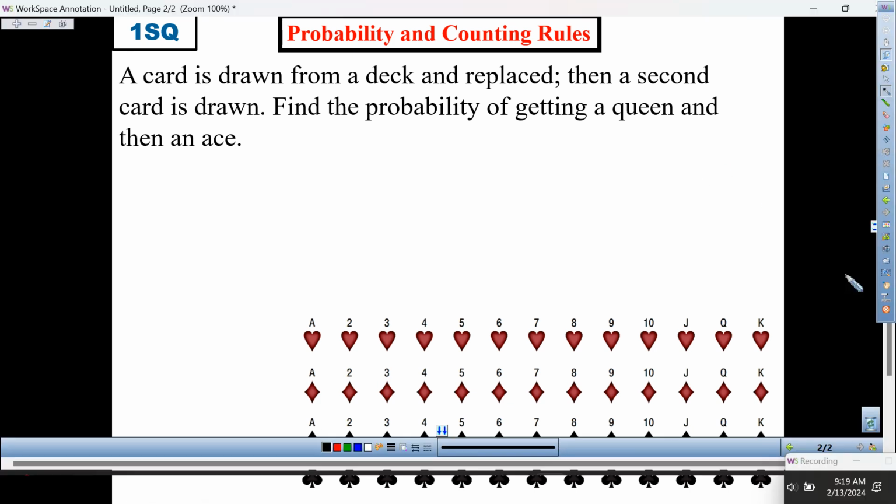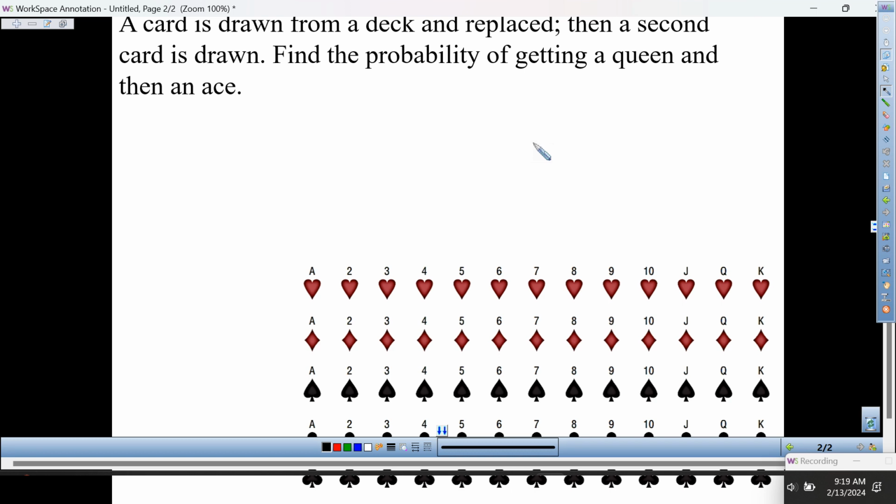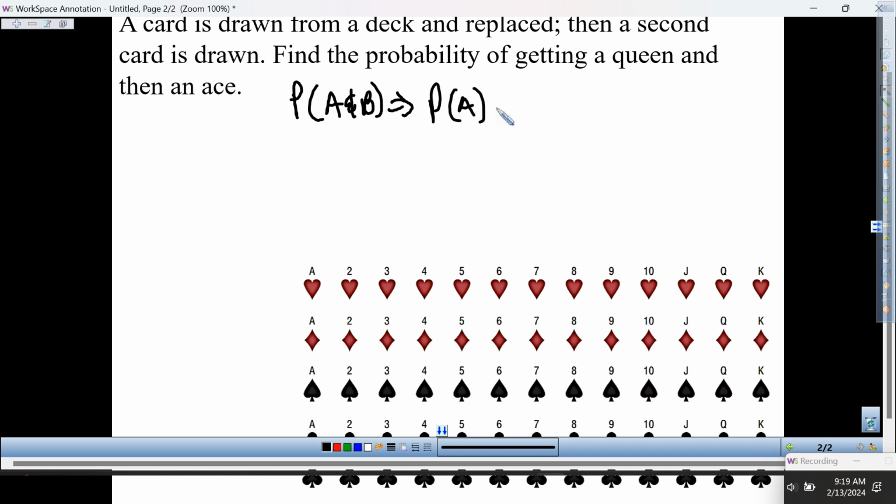So, Joseph, pass someone so they can guide us through this. Peyton, go. All right. So what is A? Peyton. The queen is A. Okay.